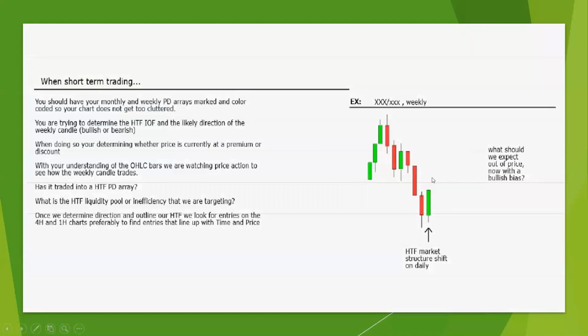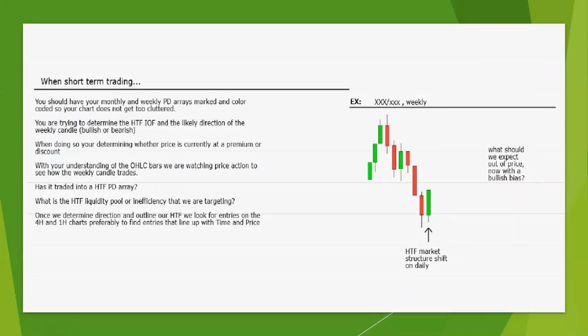What are we looking for out of the next weekly candle? Well, we know the price has to trade into a discount. As a whole for the range, we are at a discount, as equilibrium would be in here. So that's step one. Are we at a premium or discount right now?